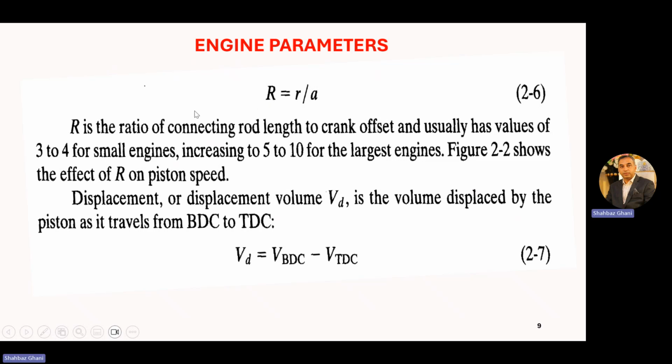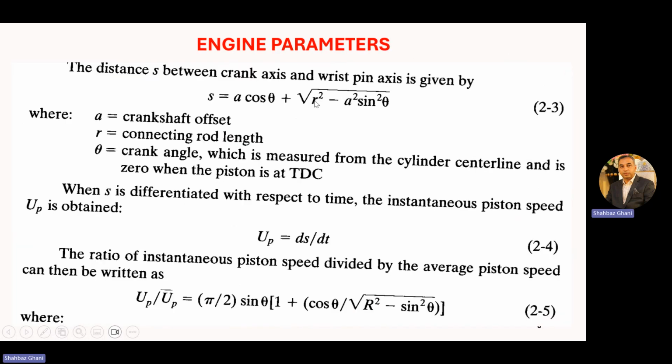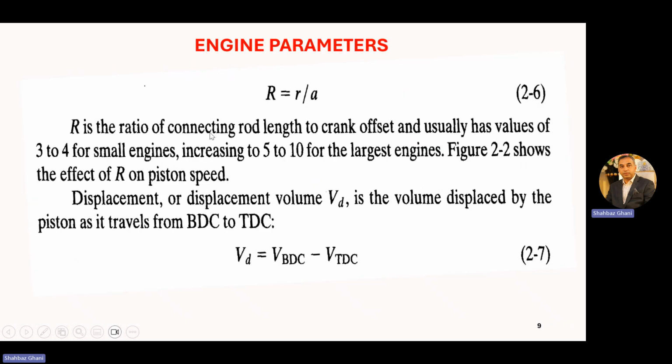What is this r? This r is the ratio of the connecting rod length to the crank offset, and usually has a value of 3 to 4 for small engines, increasing to 5 to 10 for the largest engines. We will see the effects of r on the piston. So this r is different: the earlier R is the length of the connecting rod, and this r is the ratio of the connecting rod length to the crank offset. Remember these ranges.